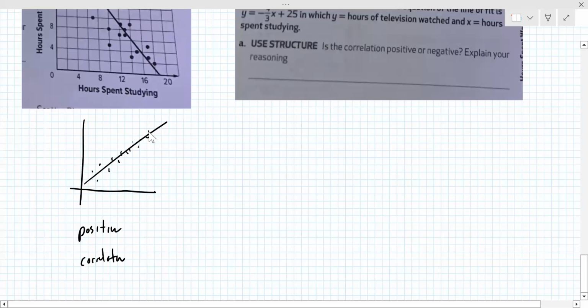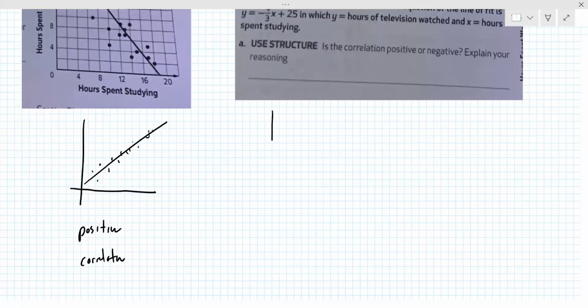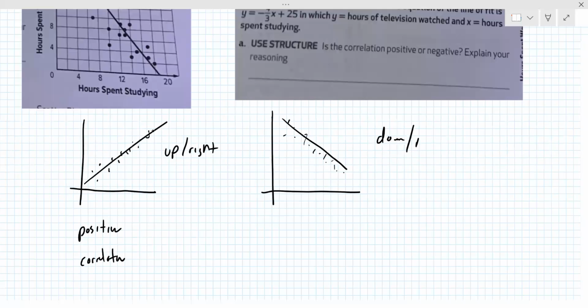So, I don't know, the more shots you take, the more points you score. Something like that. Negative correlation is when it goes in the other direction. Positive goes up and to the right. Negative correlation is down and to the right.